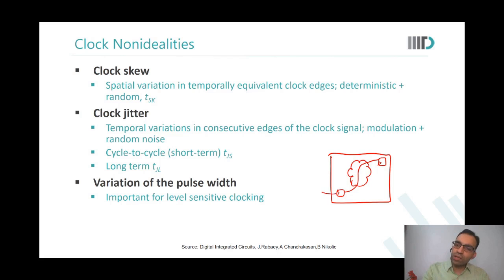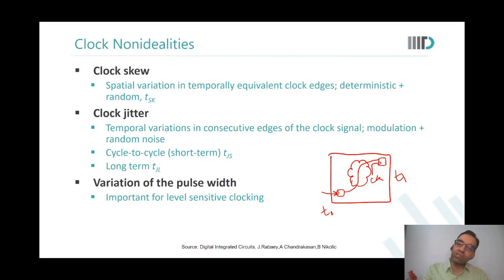So you assume that the clock would arrive here at time instant t0. But the very fact that these two flops are so far apart, the clock arriving here could be arriving at t1. This is clock skew. Okay. Yes, sir.